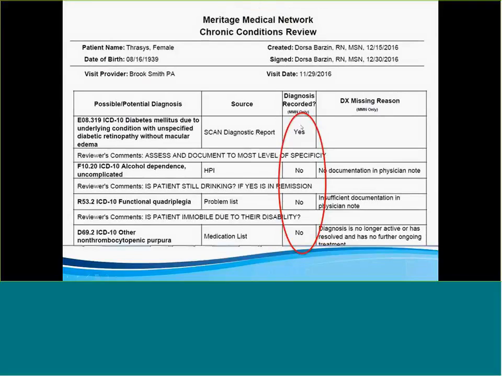So here's a view that the coder then does. She'll take a look at your plan, and you'll see here that the diagnosis was recorded when she did the post-review. The alcohol dependence uncomplicated was not coded, so you got a no there.